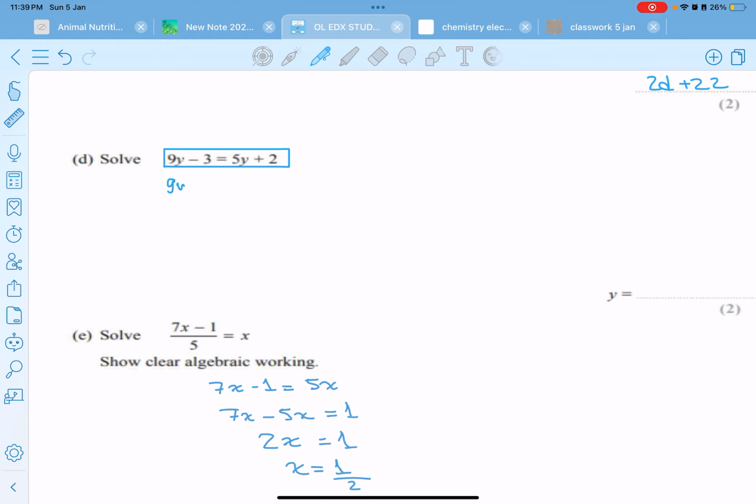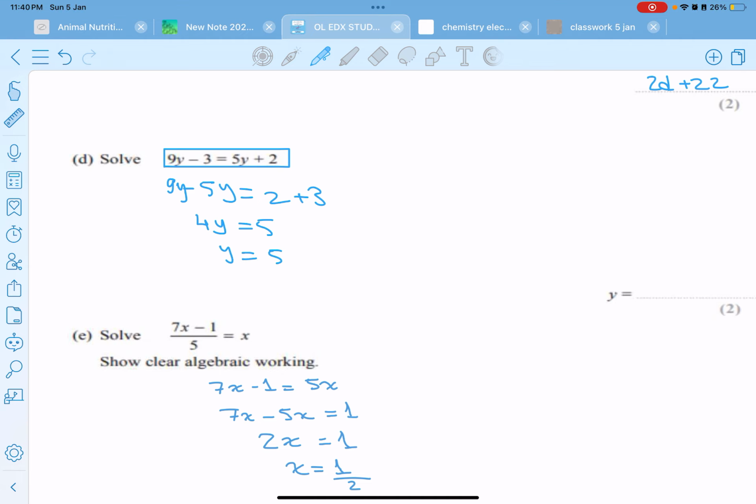So, 9y, and then I move 5y, so it's going to be 9y minus 5y equals 2 plus 3. I always move the term and switch the sign. So 9y minus 5y is 4y, equal to 5.